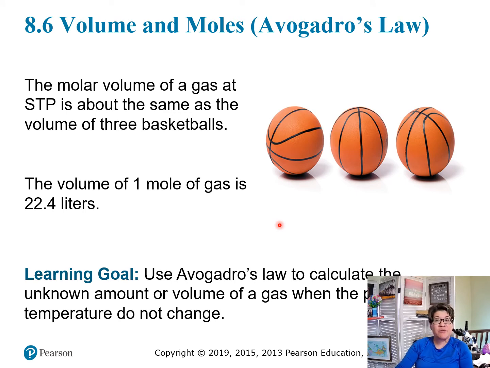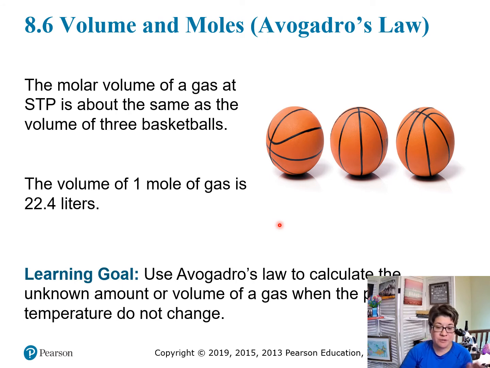So this has to do with Avogadro's law. And 1 mole of gas, it doesn't matter what kind of gas it is, takes up about the same as 3 basketballs. 22.4 liters is about the volume of 3 basketballs.